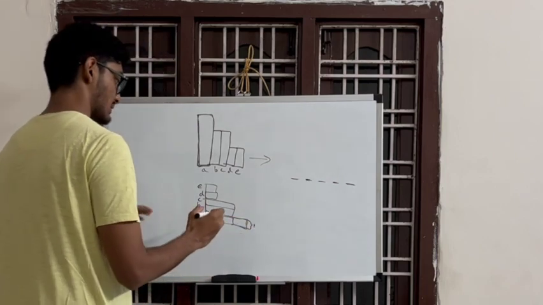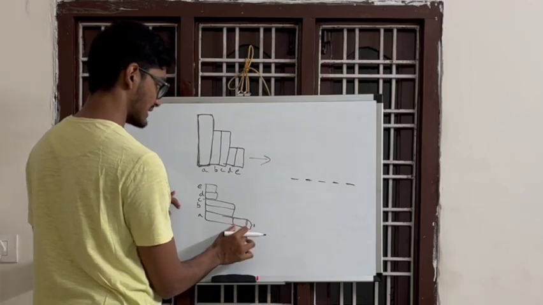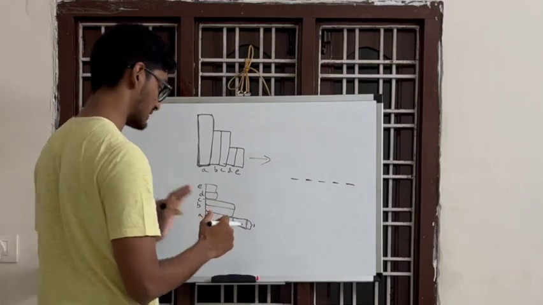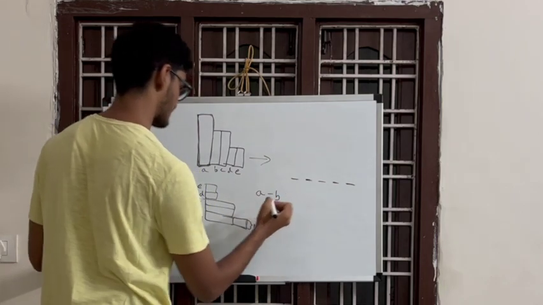Now, in order to calculate for how many units the length 1 occurs, we can just calculate it by calculating A minus B, right?